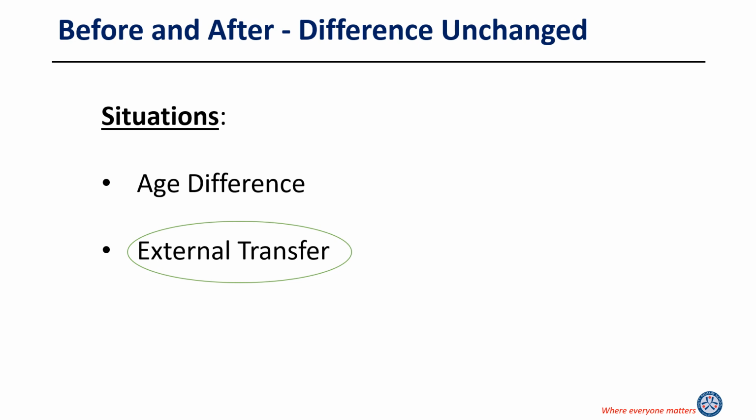The first type of situation involves age difference. The second one involves external transfer of equal amounts. For today, we'll be looking at situations involving external transfer.